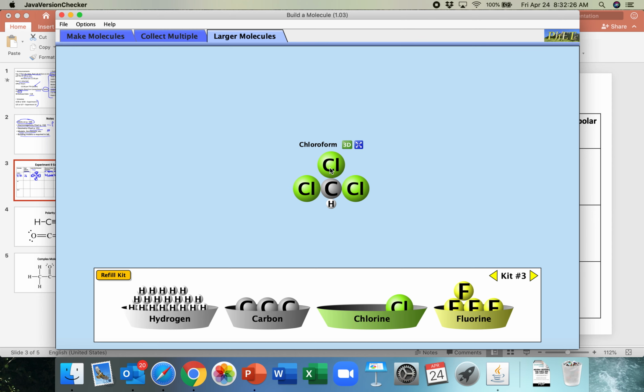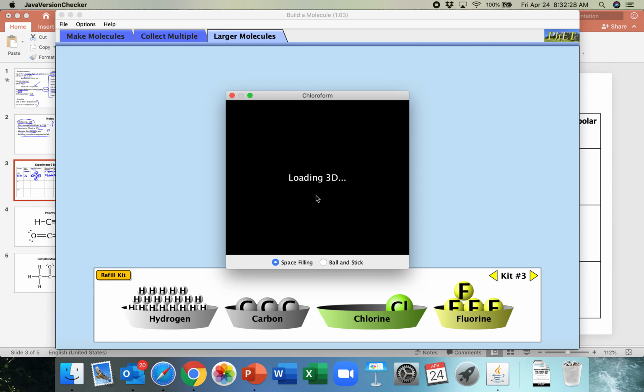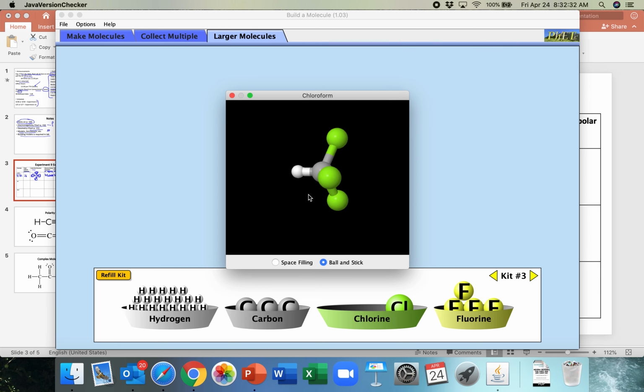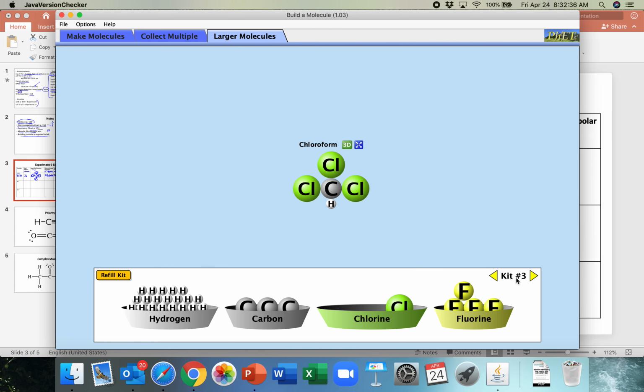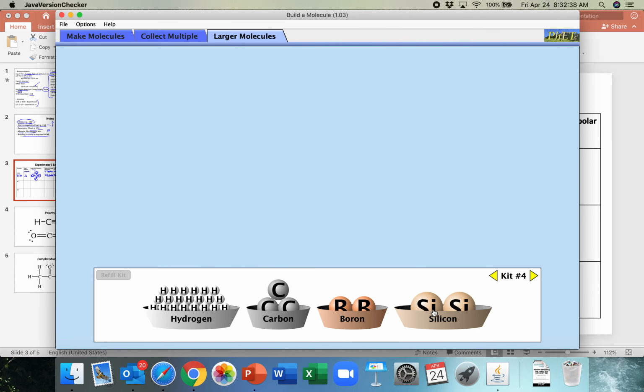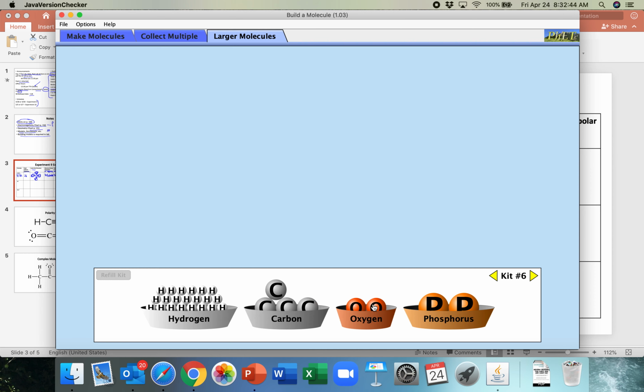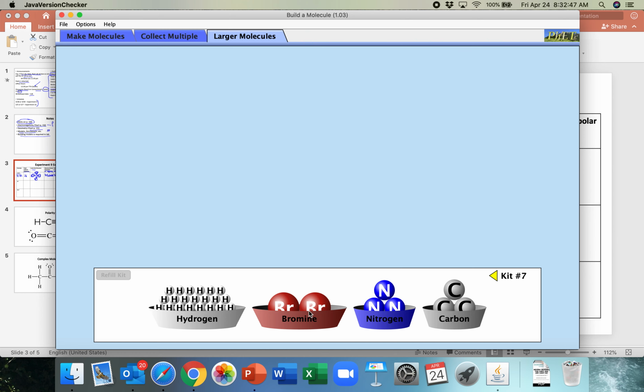So you can see it's putting them all in 3D, and now you can see the shape, tetrahedral, of this. You'll be asked to do this with fluorine. There's also other atoms as you keep going over, kit 6, phosphorus, oxygen. There's bromine that you need, kit 7. So this is a really good simulation to help with building molecules.